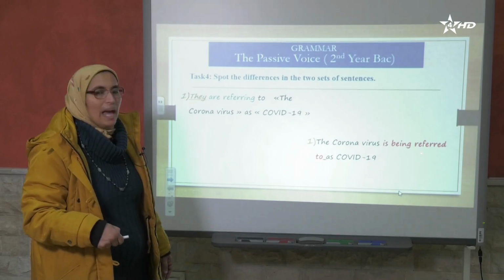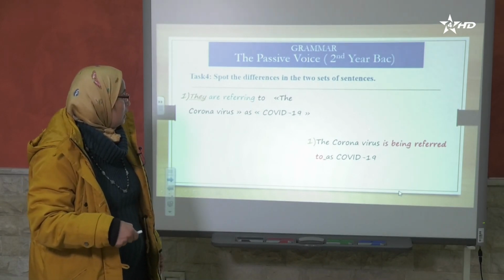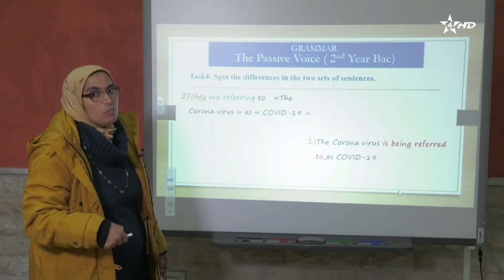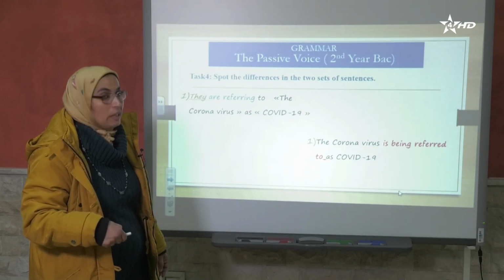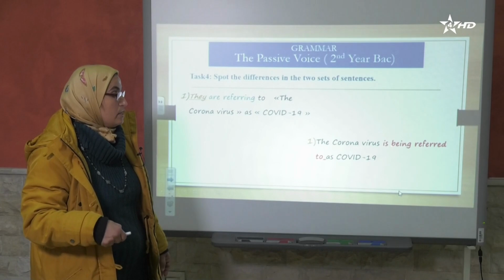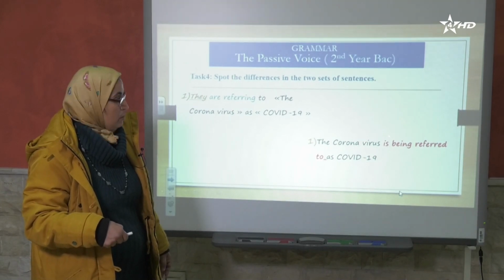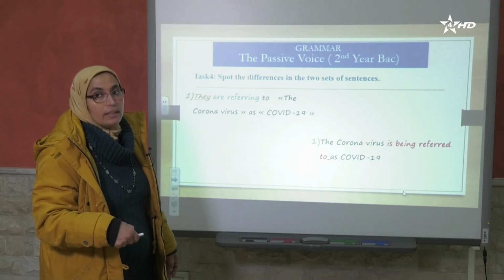What did we add here and what did we change? We have are, is. So it's the same tense, simple present. But we have something added here, that is to be in the continuous form, or is being, is to be in the present continuous. So we have being added here.